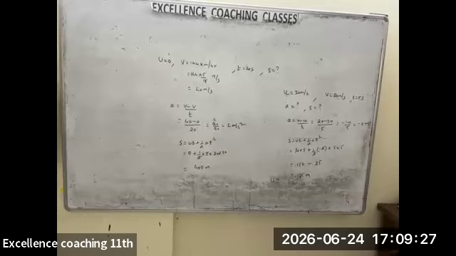Next one. The curve in the position versus time graph for the object which is at rest is a straight line. Which is the correct option? Position-time graph, object at rest. Try to draw it. Position-time graph for an object at rest. So the slope should be how?